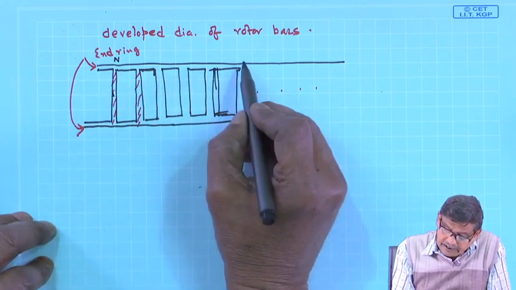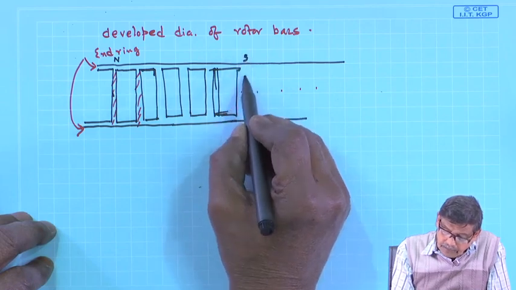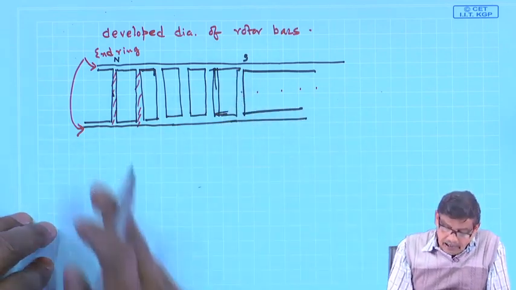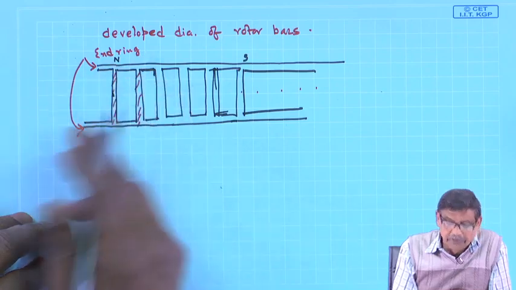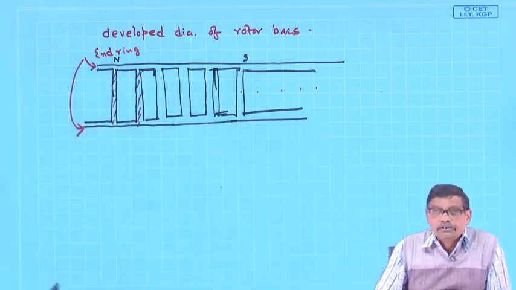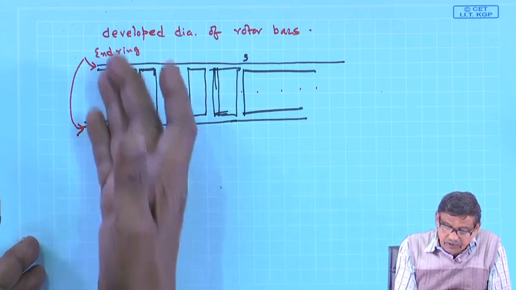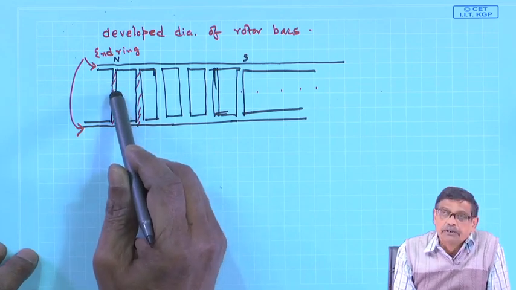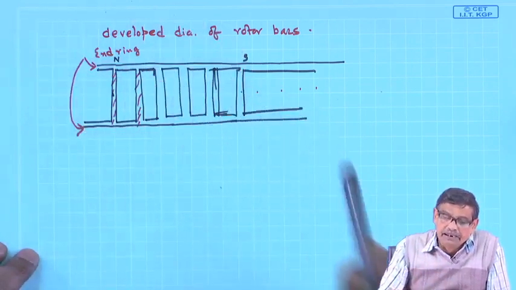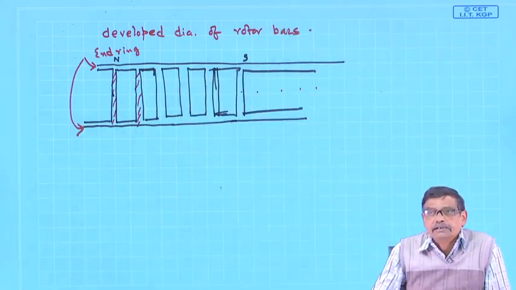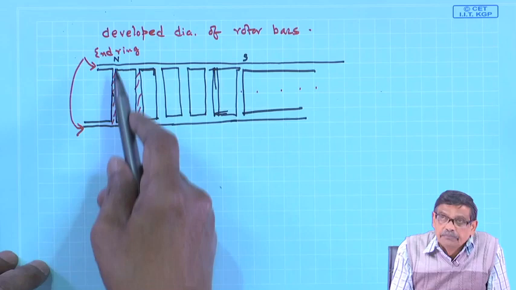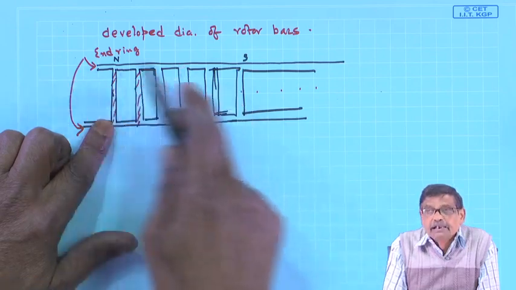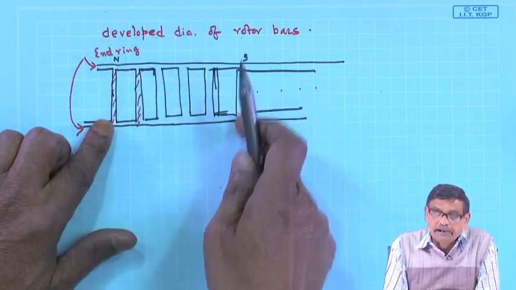Then under the center of the south pole, there will be a bar present, and that is all, because after all north and south pole dictated by stator decides the induced voltage and current in the rotor bars, because the induced voltage of this bar will be BLV, and in whichever way it has been decided by the stator coils will have that polarity of the voltage. And there you will find another bar which is 180 degree electrical apart after the south pole.